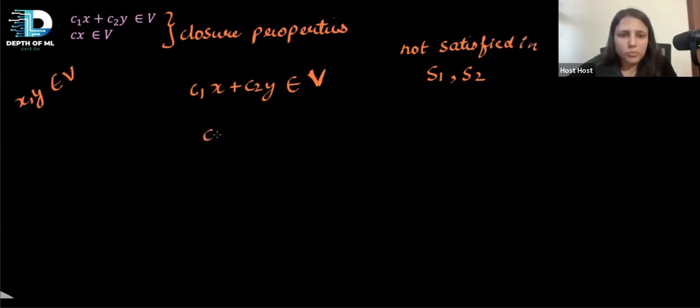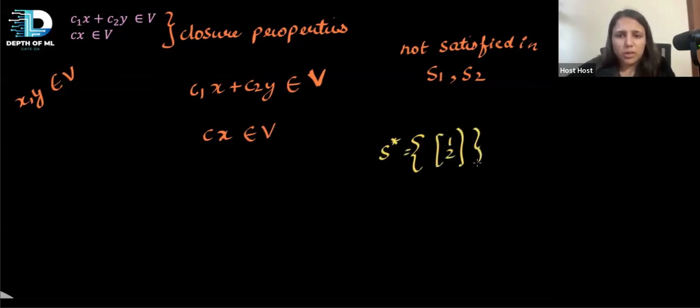Also, they say that if I have a vector X that is coming from the vector space V, all the multiples of it should also belong to V. Fine. So if I define a set, say S star, and I say I have just one of this vector, will this be a vector space?